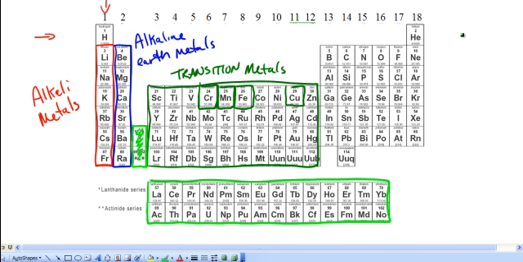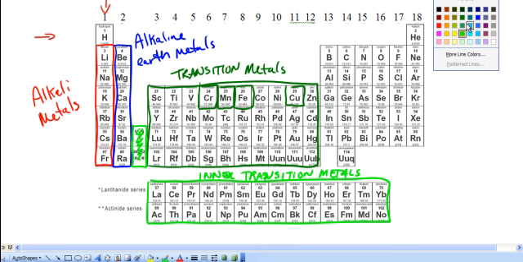And so, because these metals sort of fit inside of this periodic table, we call them the inner transition metals. They also have a wide variety of properties.